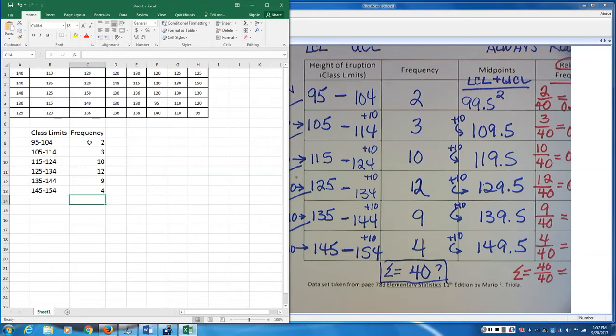Do you want your data in there for any reason? You don't have to. Okay, then just type in your table.